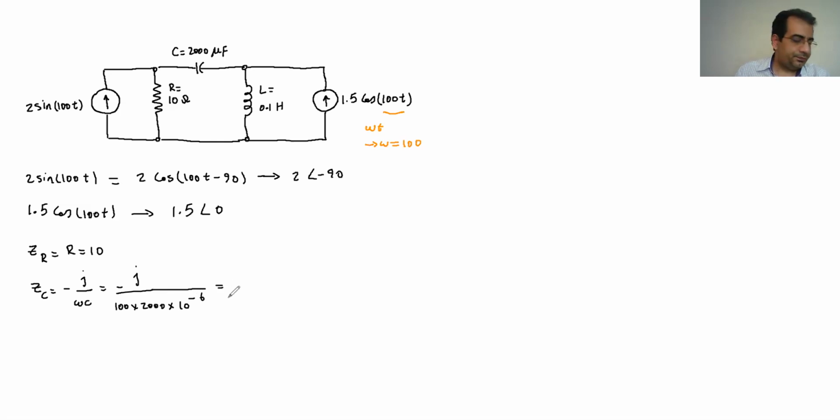If you do the calculation, it comes out at negative j5. The same for the ZL: it's j omega L, so j times 100 times 0.1, which comes out as j10.